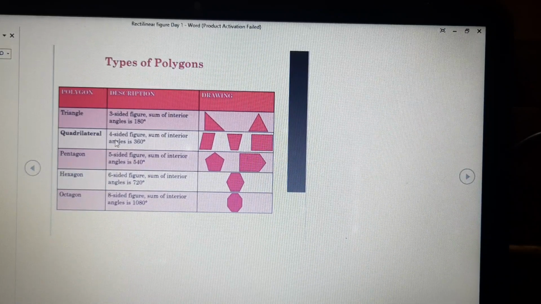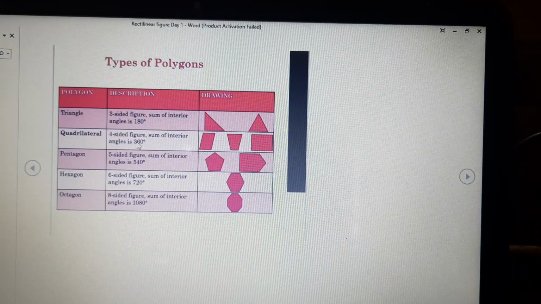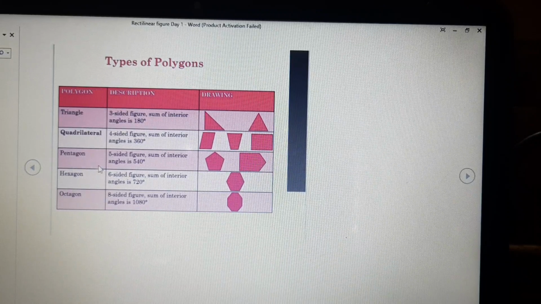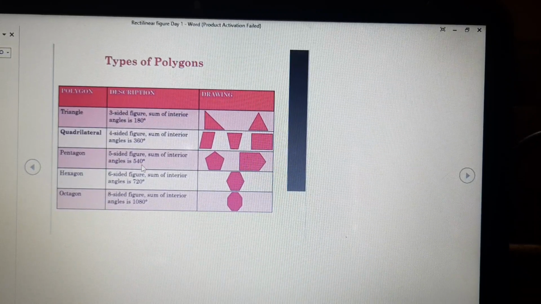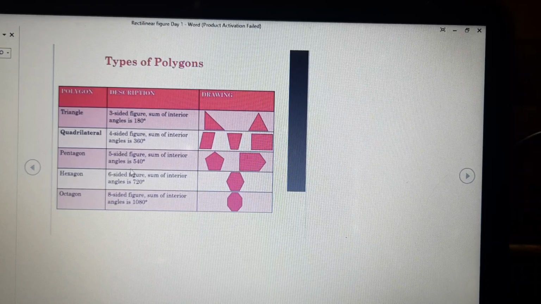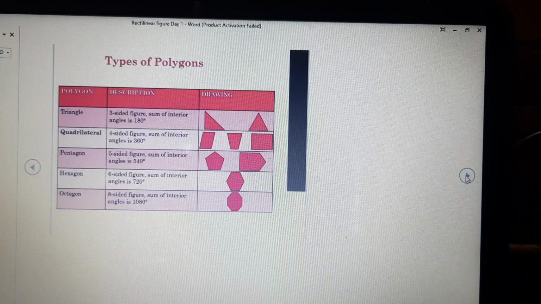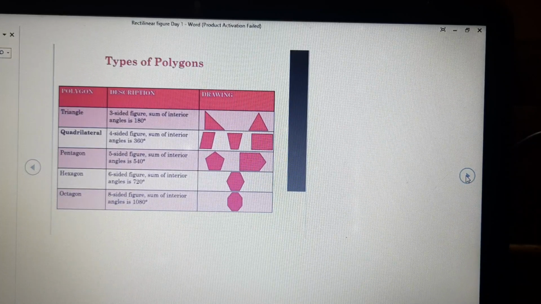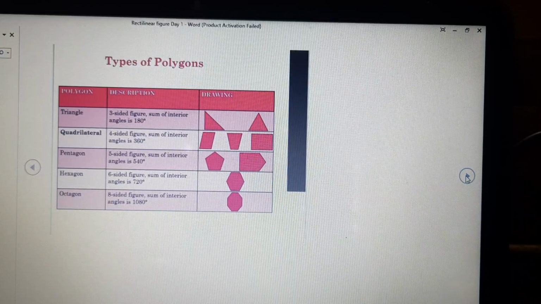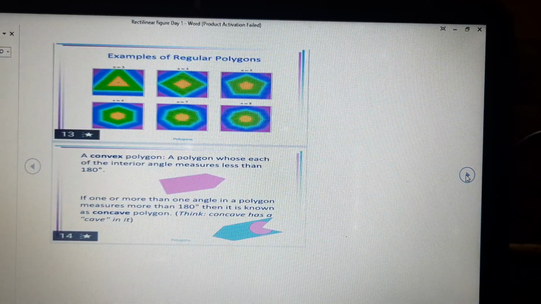The sum of all interior angles of a quadrilateral is 360 degrees. For a pentagon, the sum of all five interior angles is 540 degrees. This way you can calculate. There is a formula: the sum of all interior angles of a polygon that has n sides is (2n minus 4) multiplied by 90 degrees. You have done this formula in your previous class.